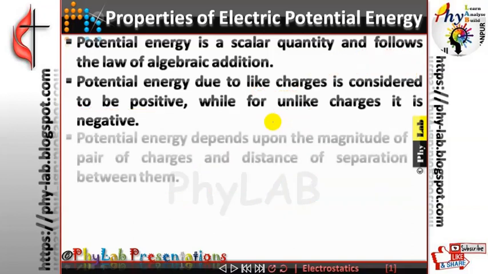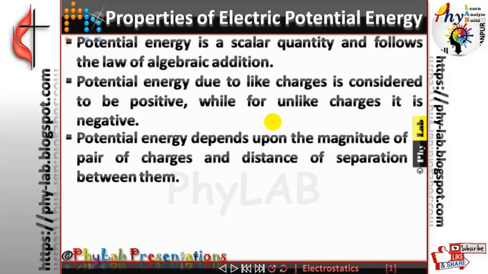The third important property is, as I told you, that potential energy between a pair of charges is written as 1 upon 4 pi epsilon naught, may be positive, may be negative, depending upon the nature of the two charges, Q1 Q2 by distance of separation. So it depends upon the magnitude.